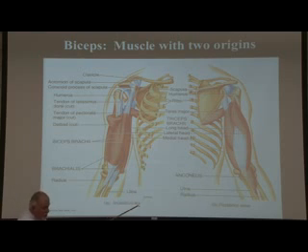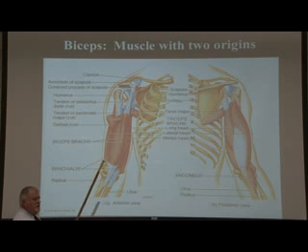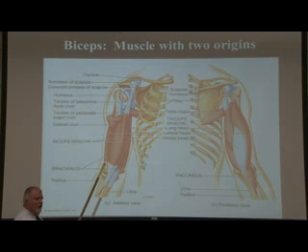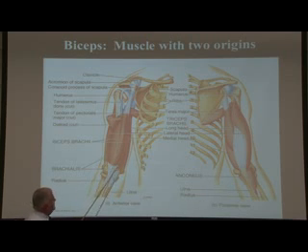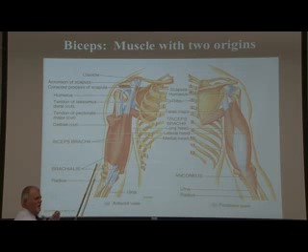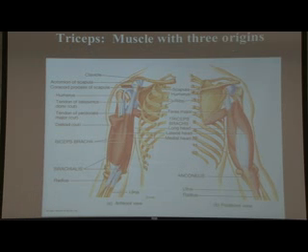Then we have one on the back of our thigh that's going to come off the ischial tuberosity as one head, and that's the long head, and then the short head is going to come off the back of the femur. And then it's going to insert below the knee, and so it's called the biceps femoris, and this is the biceps brachii. So both have two heads, and then location, one in the brachium, one in the femoral region.